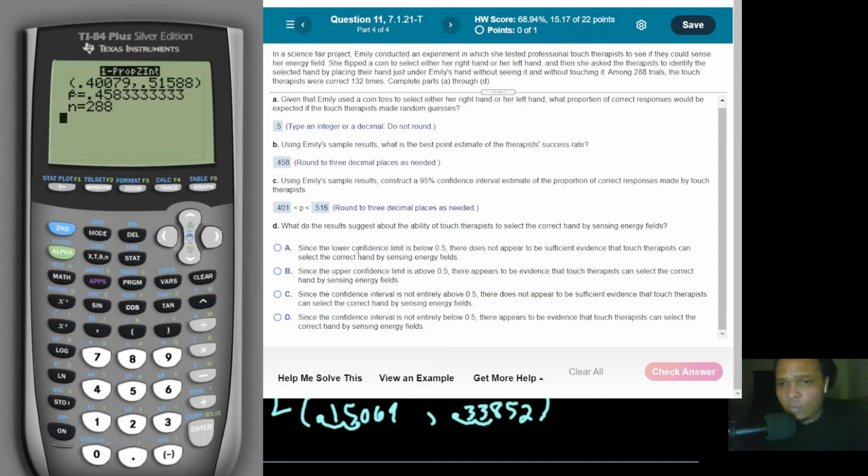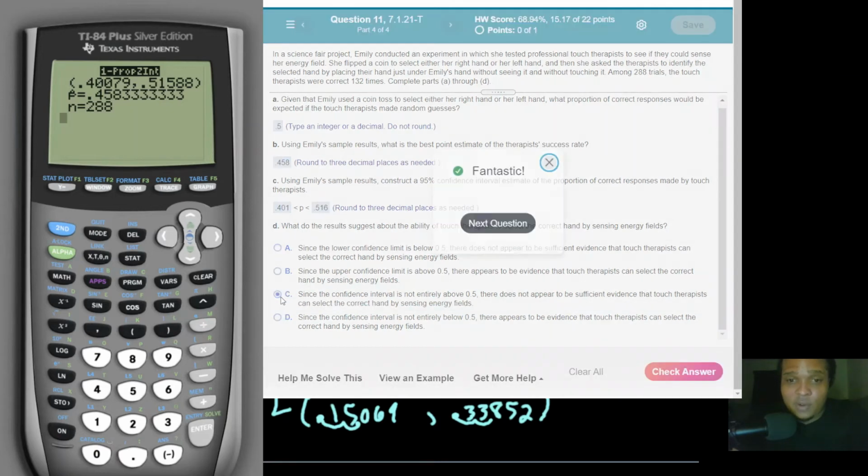These questions tend to want to prove that people are frauds. Since the interval does not show that, I'm going to say there is not sufficient evidence. I'm going to say it's either C or A, and we'll just remember it's C. Since the confidence interval is not entirely above 0.5, there does not appear to be sufficient evidence.